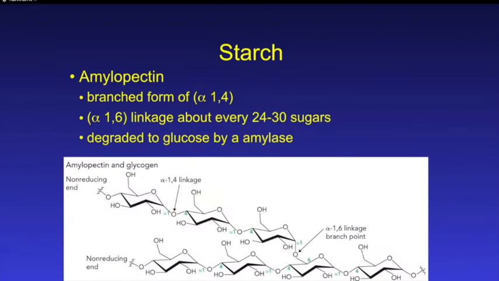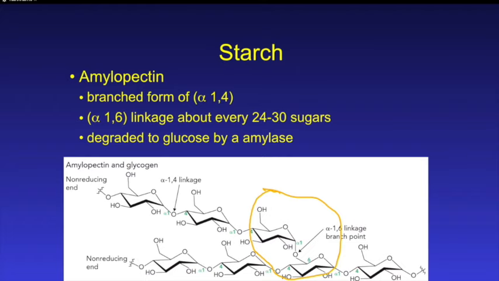Amylopectin is another starch, and it is similar in that it is an alpha 1,4 polymer, but every so often, 24 to 30 sugars, we're going to have one branch point, and this branch point then has a separate bonding, and it's an alpha 1,6 between the glucose.